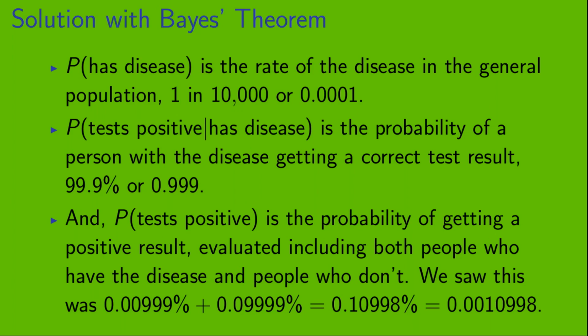And the probability that a person tests positive is the probability of getting a positive result, evaluated including both people who have the disease and people who don't. We saw that this was 0.00999% plus 0.09999%, which equals 0.10998% or 0.0010998.